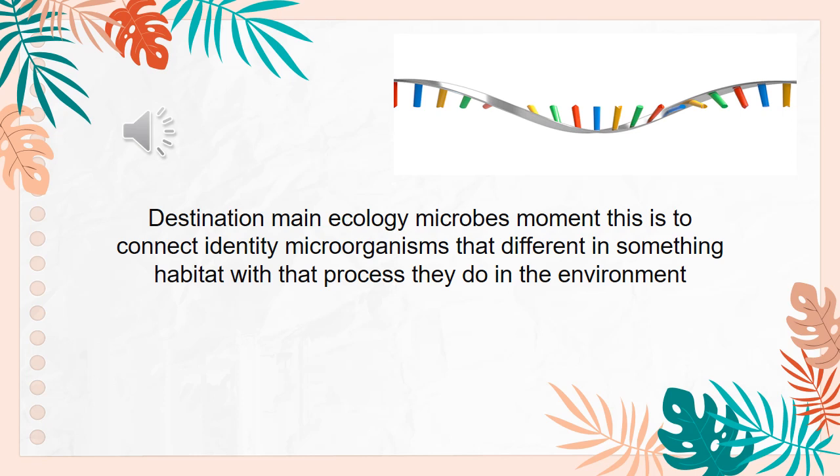One of the main goals of microbial ecology today is to relate the identities of different microorganisms in a habitat to the processes that they carry out in the environment.